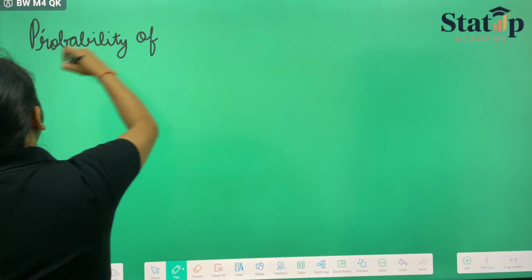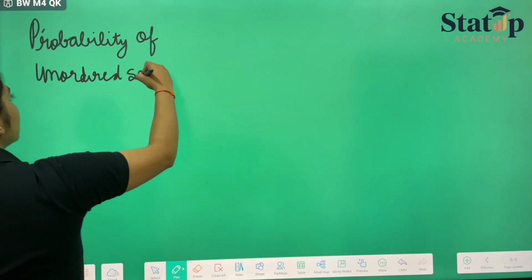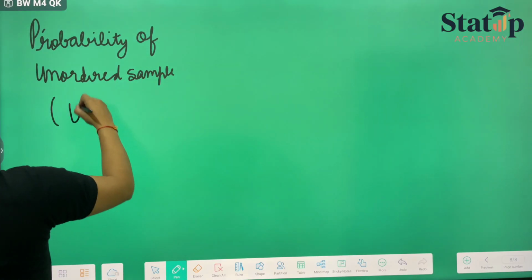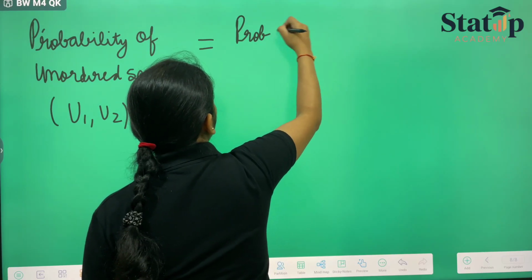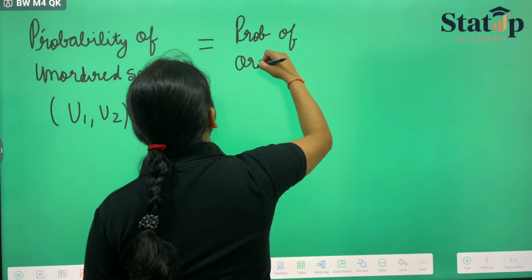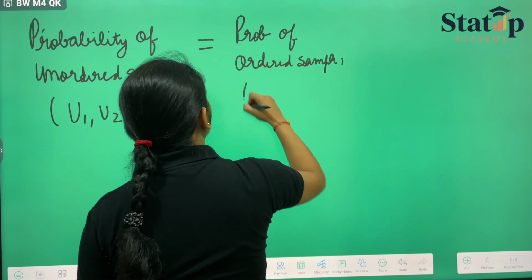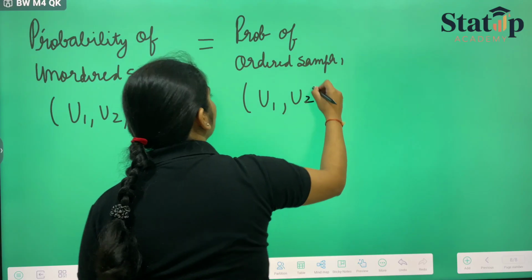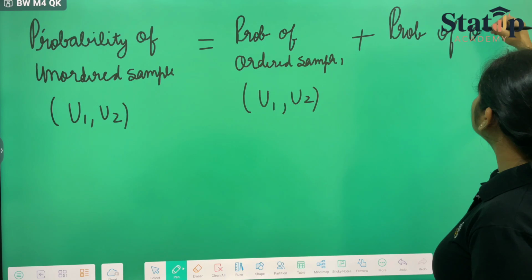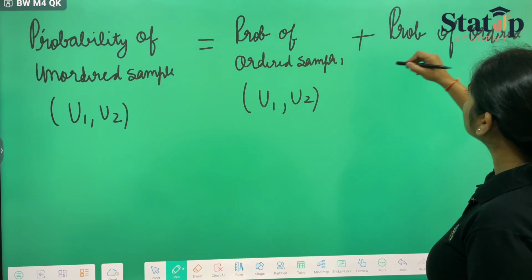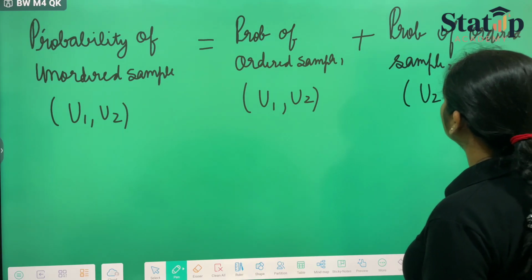of the unordered sample U1, U2 equals the probability of ordered sample 1, which is U1, U2, plus the probability of ordered sample 2, which is U2, U1.